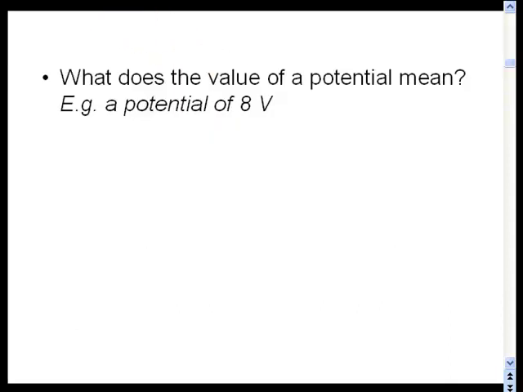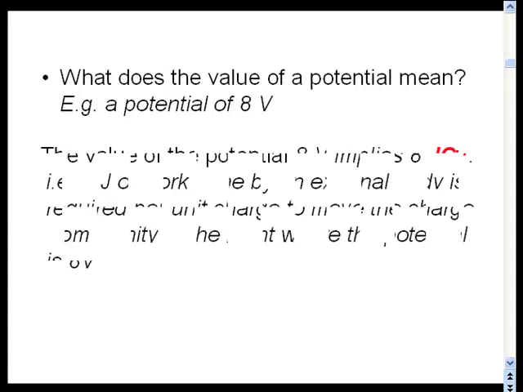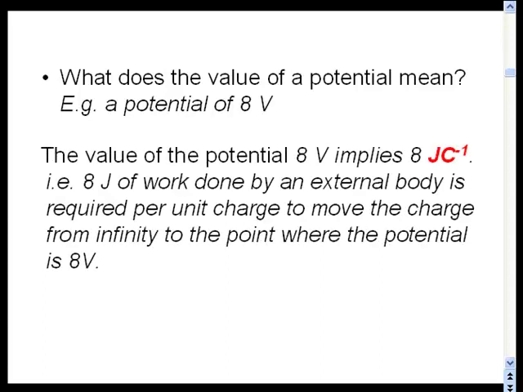What does the value of a potential mean? For example, a potential of 8 volts. Give it a try. What does a potential of 8 volts tell us? Well, the value of the potential 8 volt implies 8 joules per coulomb.